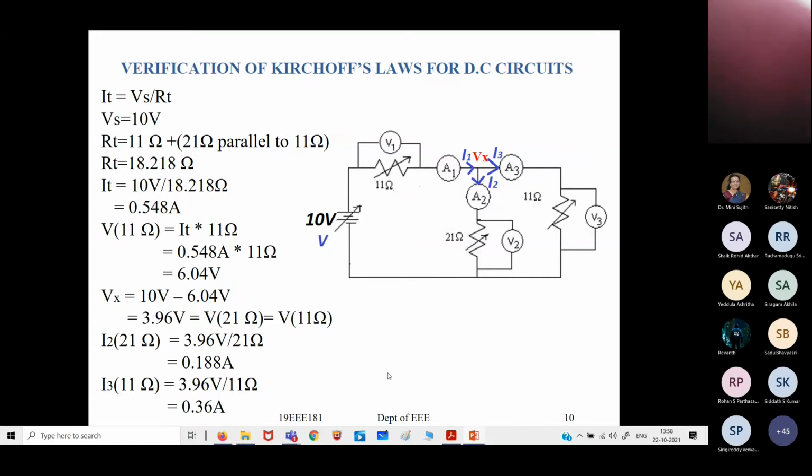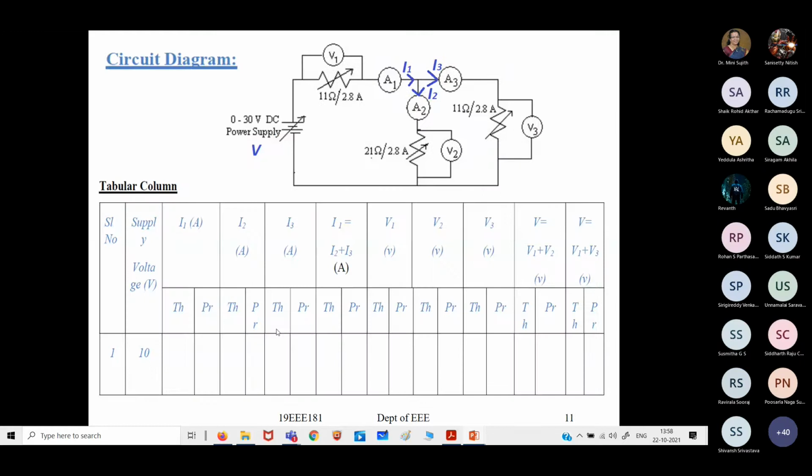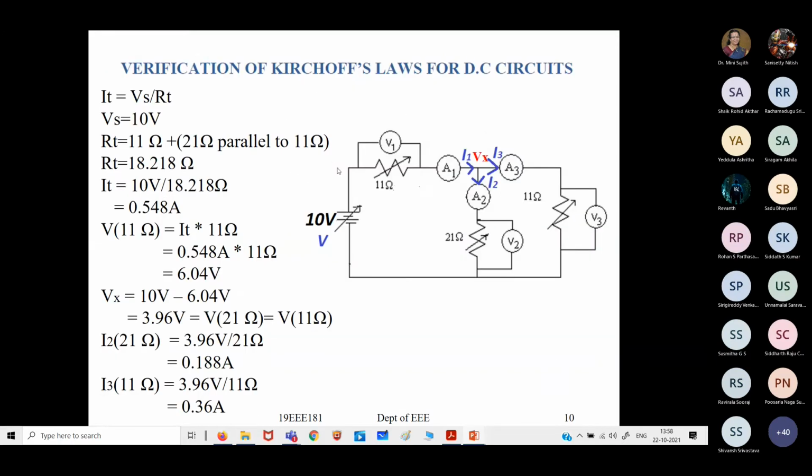You can also check, please solve it, check what values you are getting, because you need to write it in the observation. Then total current we can find out, it is 0.548, around 0.55 amperes. So that is the supply current, which is I1.